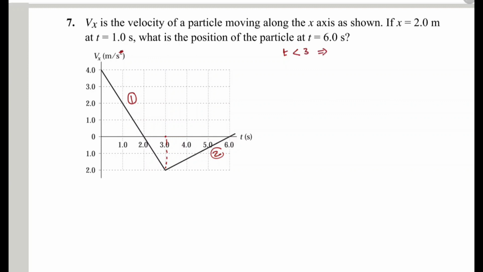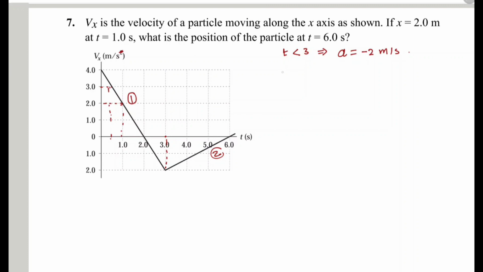In this case, a is equal to minus 2 meters per second squared. Now this is the slope of this line. If we pick 2 points, this with this for instance, we will find that the slope of this line is equal to minus 2.